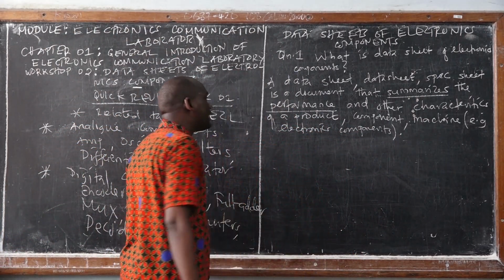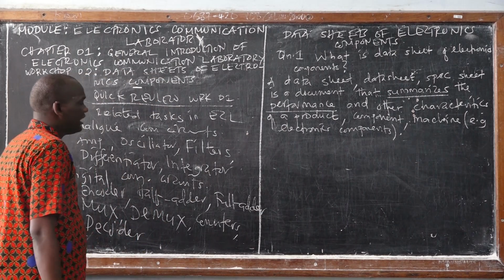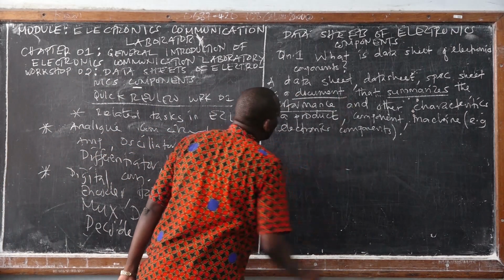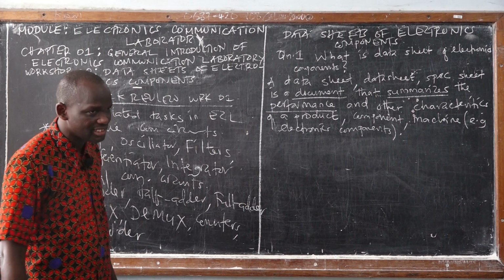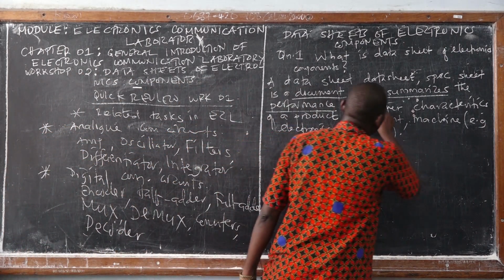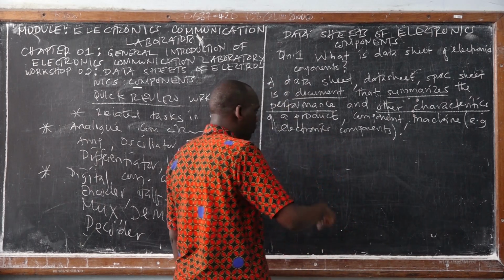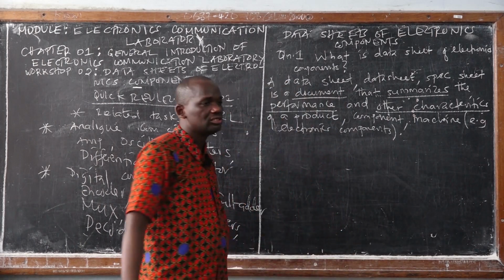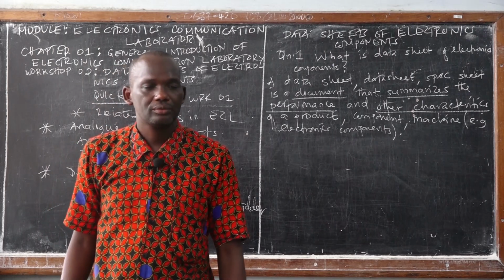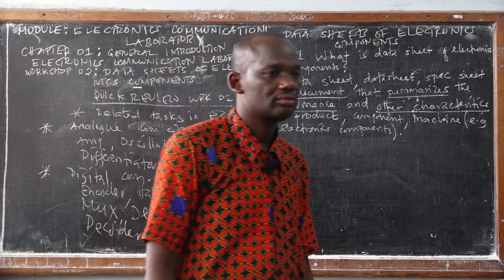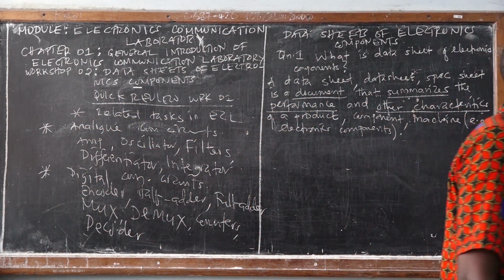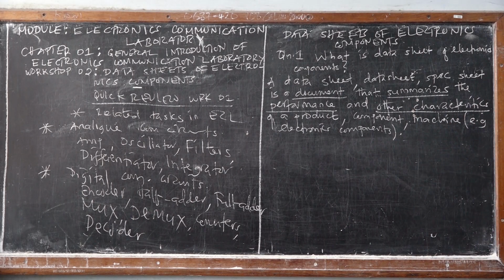A data sheet or spec sheet is a document that summarizes the performance and the other characteristics of a product or a component or a machine. Example, electronics components. Are we together?